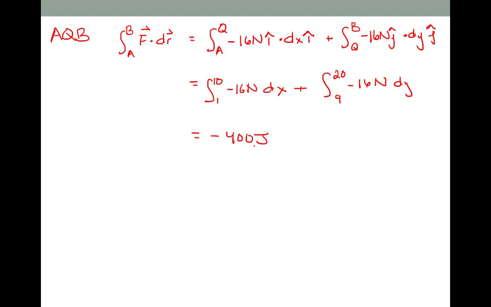Now let's consider going along the line from A to B. Well, along the line from A to B, my force is going to point in the negative of that direction. And to find that, I need to look at my triangle a little bit.